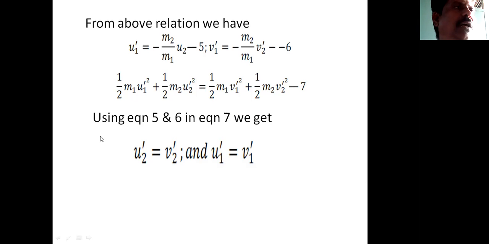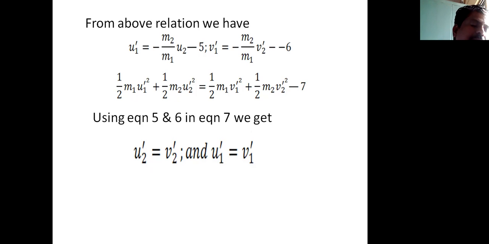So in the center of mass frame of reference, 1 by 2 m1 u1 dash square plus 1 by 2 m2 u2 dash square equals 1 by 2 m1 v1 dash square plus 1 by 2 m2 v2 dash square, equation number 7. Using equations 5 and 6 in equation 7, you insert the values of u1 dash and v1 dash, so you will get u2 dash equals v2 dash and u1 dash equals v1 dash.